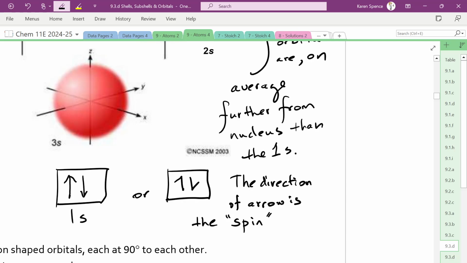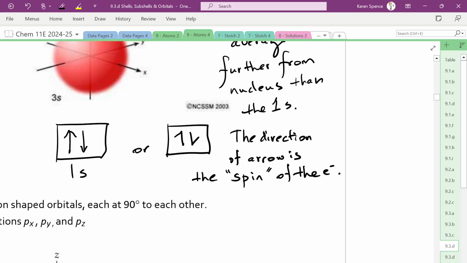And if one's spinning, then electromagnetic stuff happens because moving charges do things, which I don't understand, but they do. We call those two spins spin up and spin down. I don't know why.